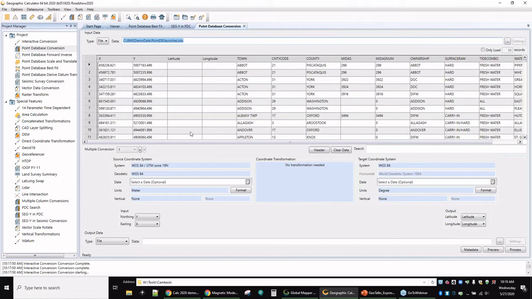And likewise, on the point database conversion, we can do that on any type of tabular data that we have. So there's probably about 10 common formats that we work with in here, things like Excel sheets, ASCII data like CSV files, tab separated values.